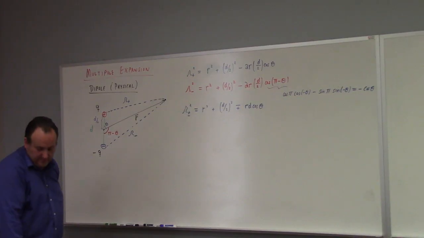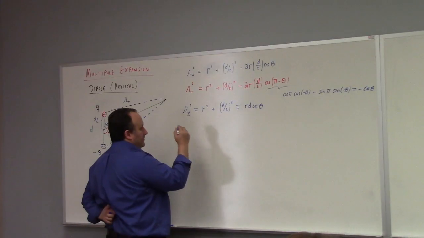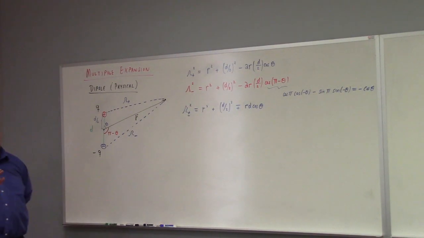So the whole point of all this discussion is ultimately to find far field approximations to problems. It's not so much about describing the problem close in, it's about what it looks like really far away.